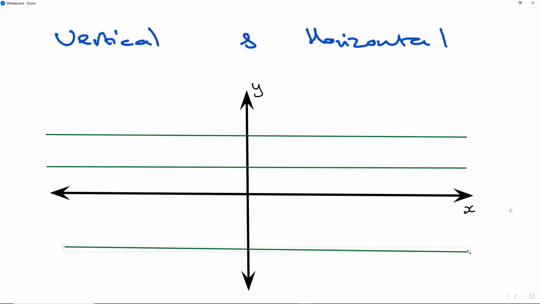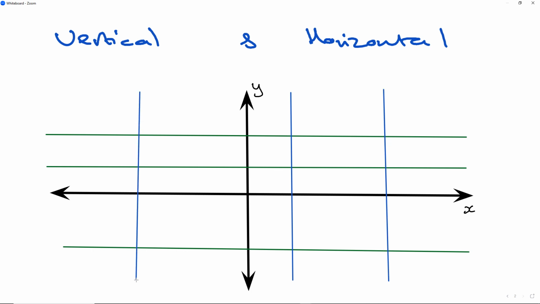And I'm going to put some blue lines to show the vertical lines. So let's say I'll run across one here, one over here, and maybe one on this side as well. Now each of these lines is going to be going through specific values on the y-axis and specific values on the x-axis. So this number over here would be 1. This number over here would be 2.